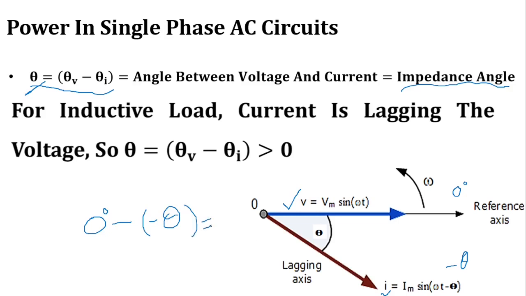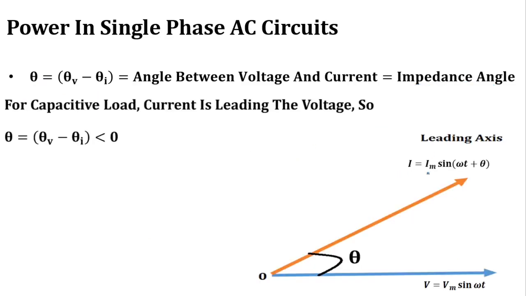So this addition is equal to plus θ. So I can say that for an inductive load the current is lagging and θ is positive. You have to note this in your mind: for an inductive load the angle is positive, that means greater than 0.